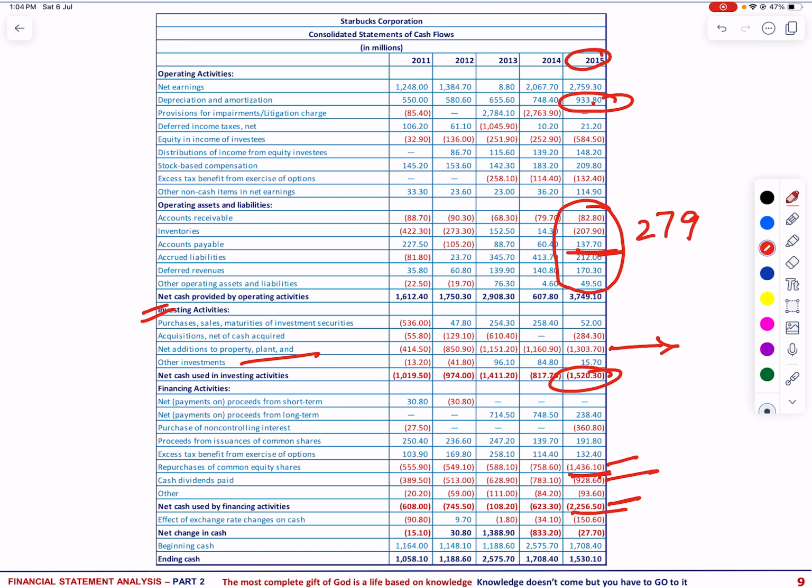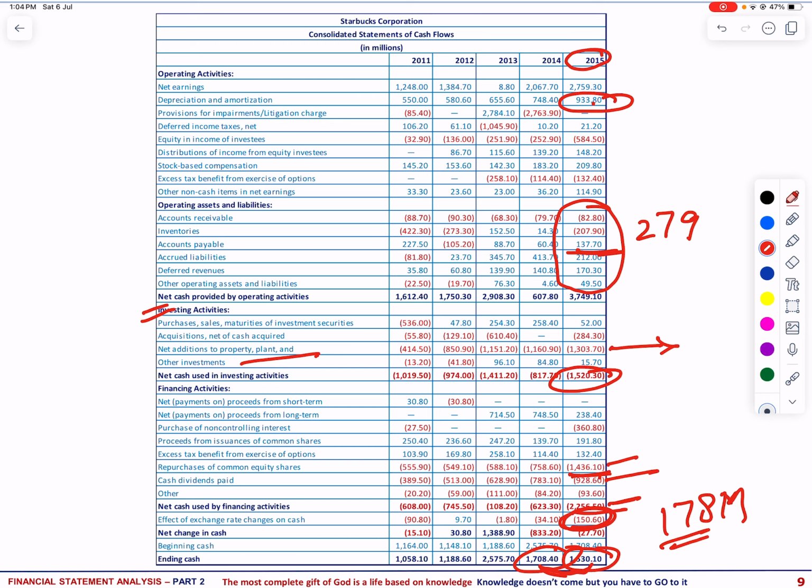So overall, these activities resulted in a decrease in cash and cash equivalents for Starbucks in the year 2015, a decrease of 178 million, which includes adjustments for exchange rate fluctuations, as you can see over here, impacting their cash balances.